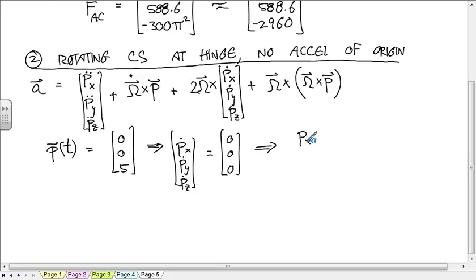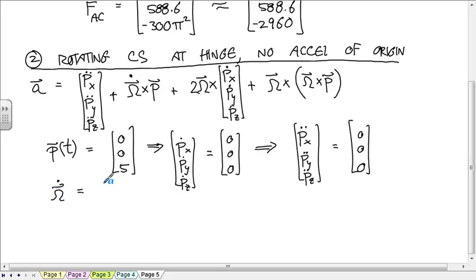And take the second derivatives of the components and you get 0. Also, it's a constant angular velocity that the coordinate system has. So omega dot is equal to 0.